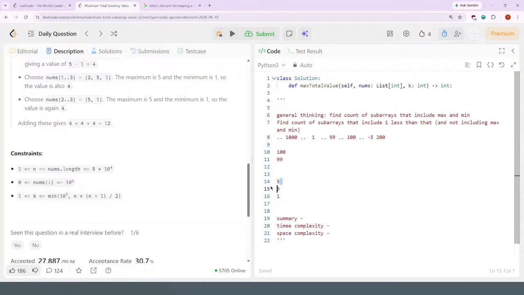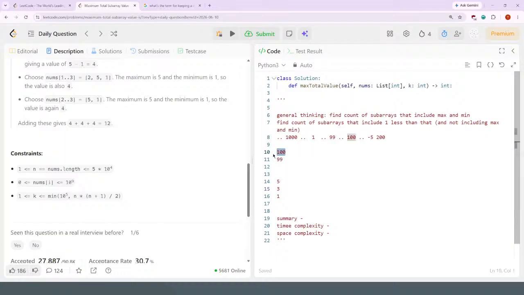How would I calculate the number? 100 to 1, 100 to 3, 100 to 5, 99 to 1, 99 to 3, 99 to 5.